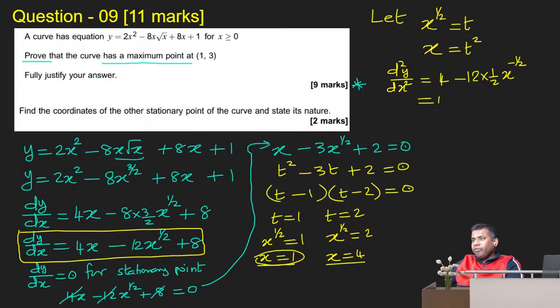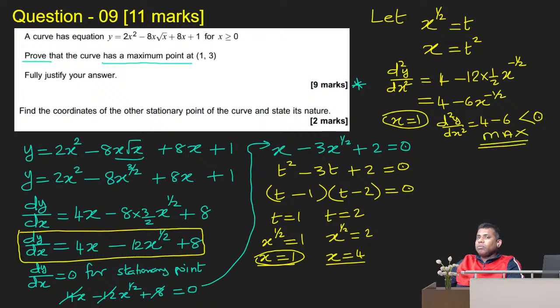So it is going to be 4 minus 6x to the power minus half. When I put x equals 1, the second derivative d2y by dx squared becomes 4 minus 6, which is less than 0. Therefore, this is the maximum point. So we have pretty much done the first part.